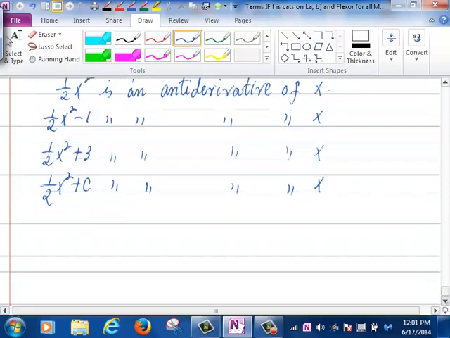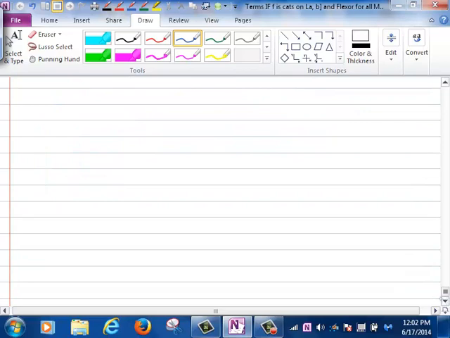Because when we talked about the mean value theorem, I gave you a theorem which says the following.